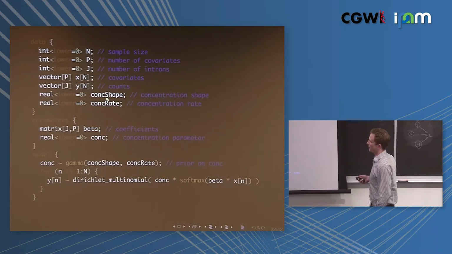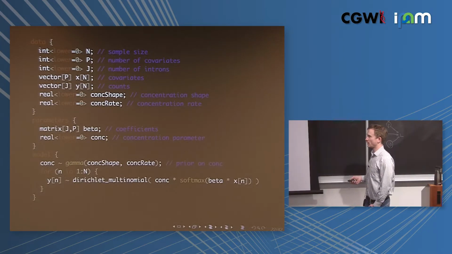We also put a prior on the concentration parameter, so we need to know what that prior is, and what the parameters in the model are. Then in setting up the model, we put a gamma prior on the concentration, and for each sample, the counts are directional multinomial distributed with the form of the model that I gave you earlier.